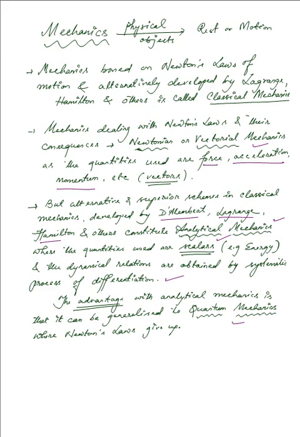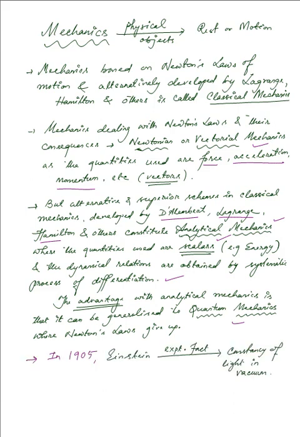The analytical approach will provide a scheme that will be applicable in quantum mechanics, the classical mechanics dealing with magnified macroscopic objects, while quantum mechanics deals with miniature small scale micro objects. But still, the scheme is provided by the analytical approach that we will be discussing in our approach to classical mechanics.